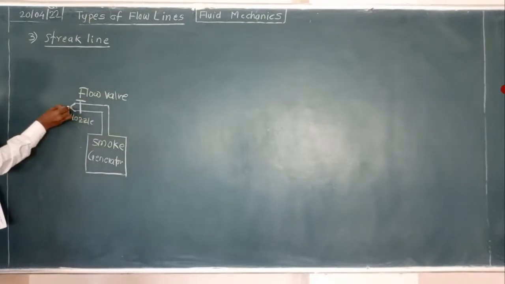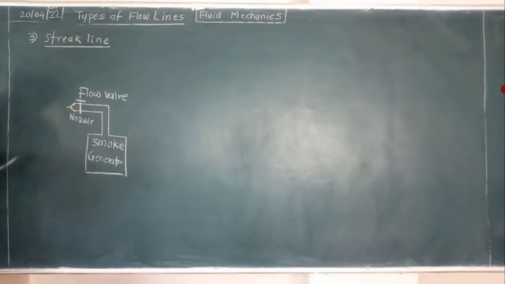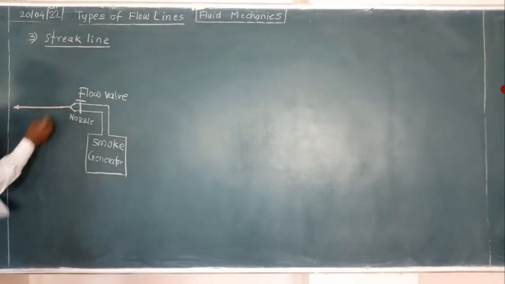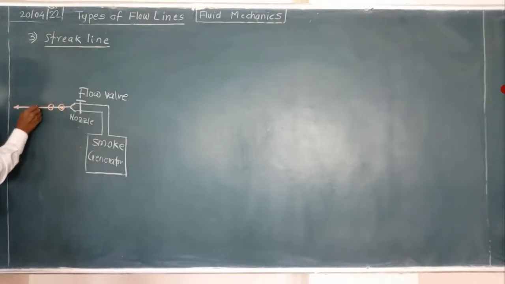To release this smoke. When the smoke is released, it will give this kind of picture to us. So this is an instantaneous picture given by this. This is one kind.